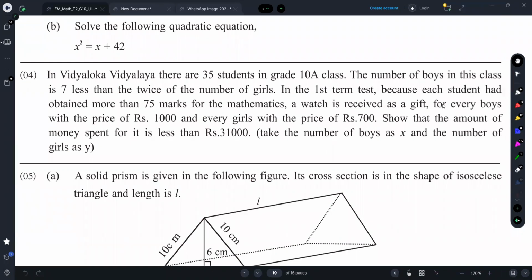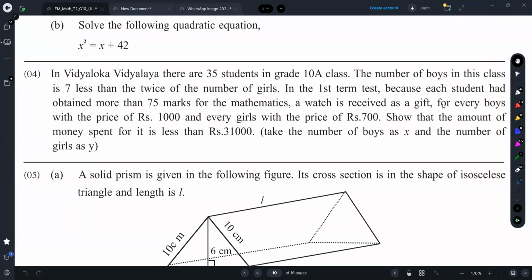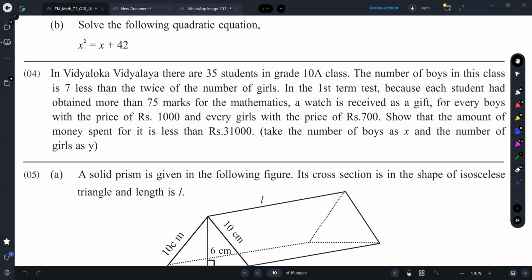In the first term, because each student obtained more than 75 marks for mathematics, a watch is received as a gift, for every boy with the price of rupees 1000 and every girl with the price of rupees 700. Show that the amount of money spent for it is less than rupees 31,000.